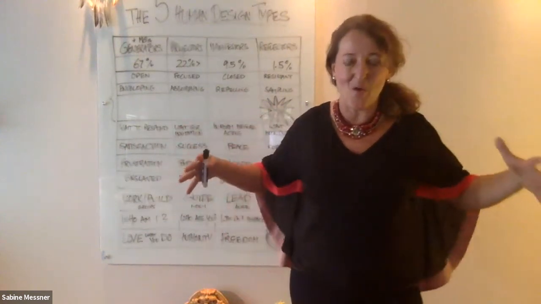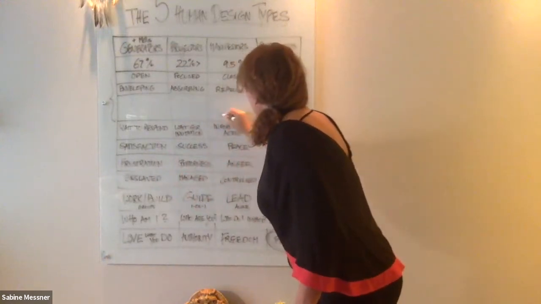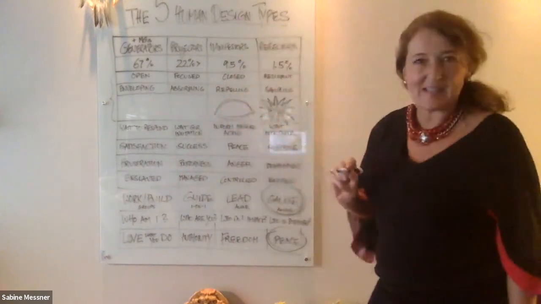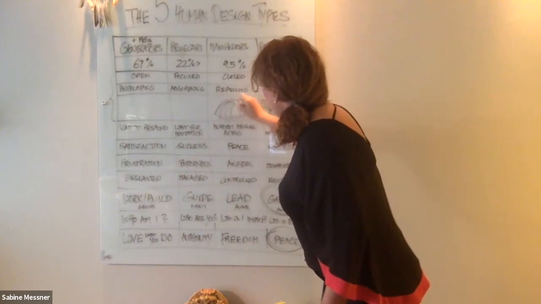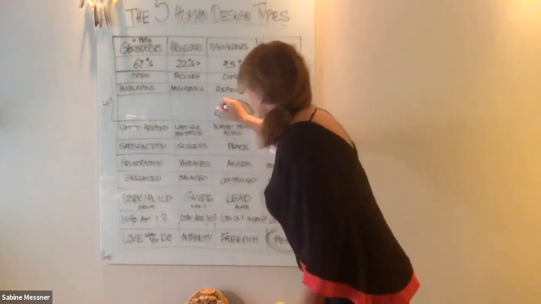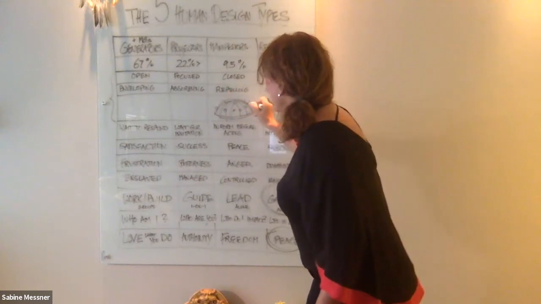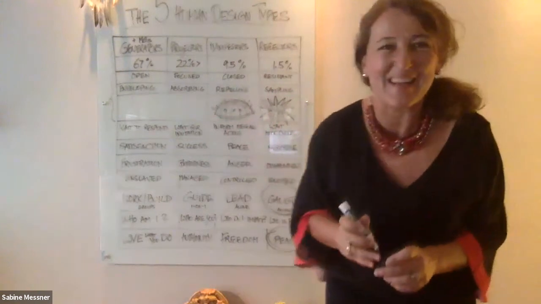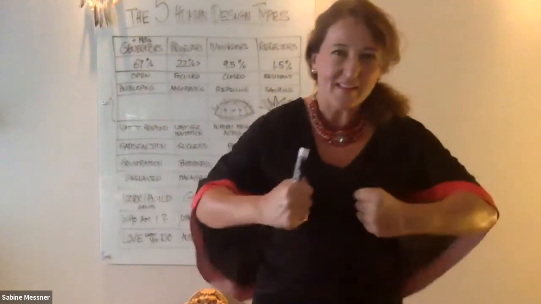right? So their energy field looks very much like a disc, like this, a disc sitting on the ground, and it's totally enclosed. Can you see that? That's what their energy feels like. And there can even be some pricklies, like a cactus, on top, because they are holding such a charge.